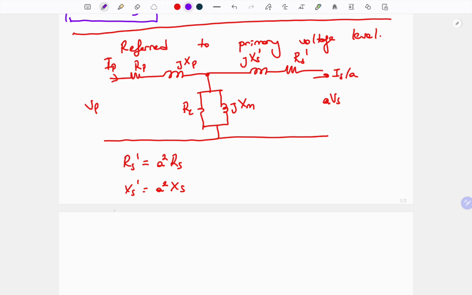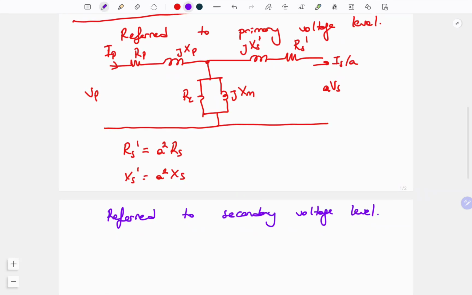Okay, so let's refer all these parameters to secondary voltage level. What will happen? Let's start with the secondary voltage level for this case. So we will start with the reactance and the resistance. That means XS and RS because we are working on VS and IS.